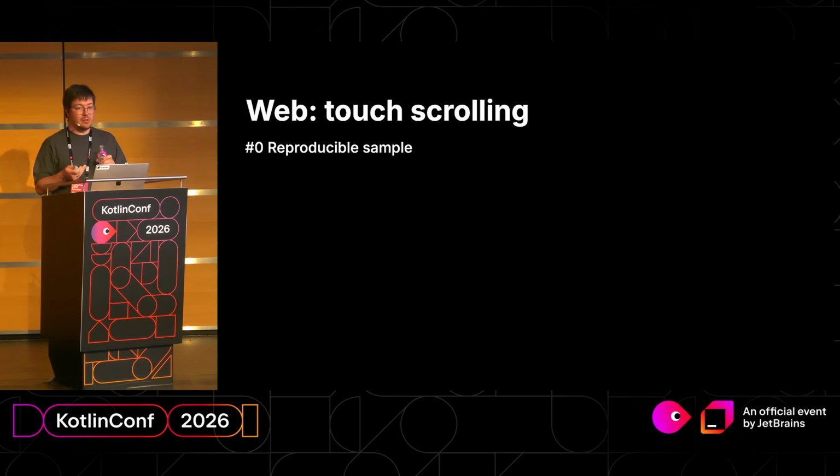The first thing, when we try to fix something, is that we have to have a reproducible sample to see the difference before and after the fix. And happily for us, Compose works as an Android application and as a web application in the browser.